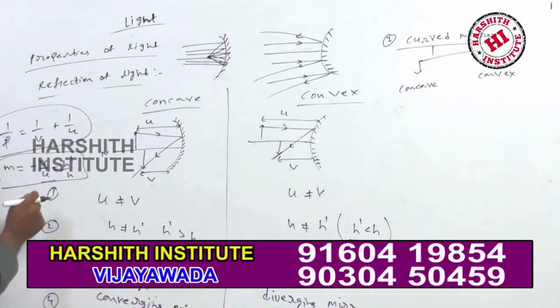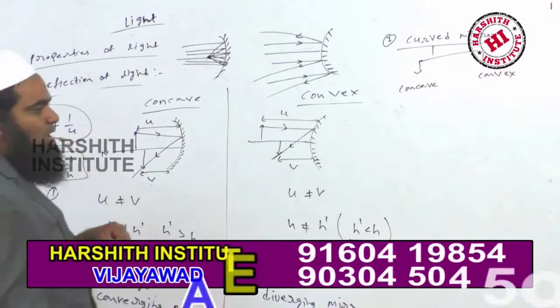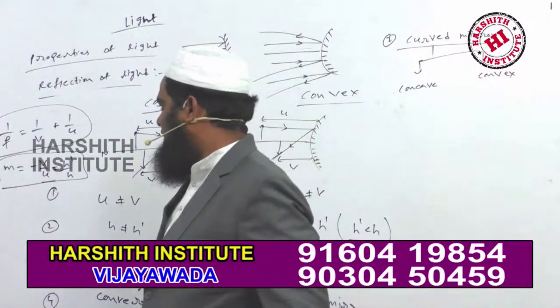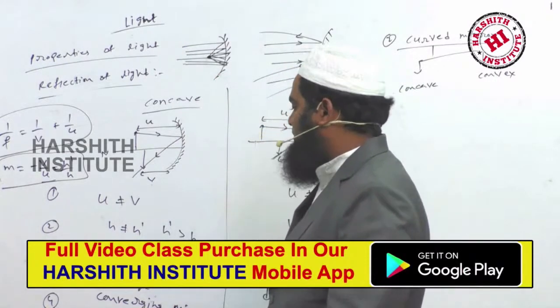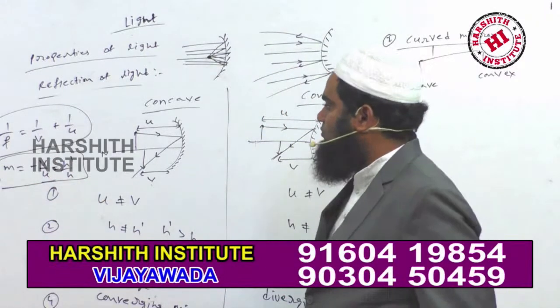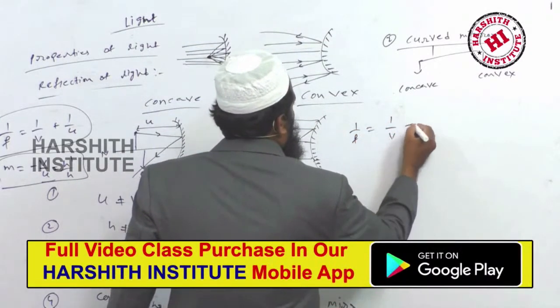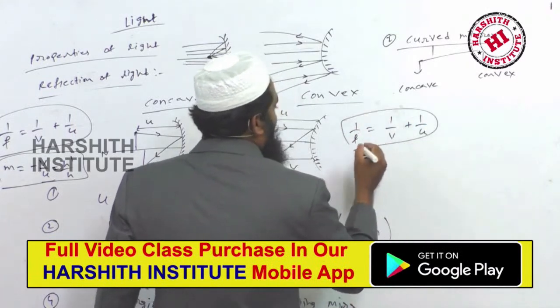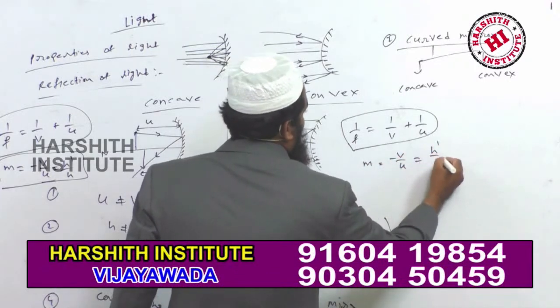Here f is the focal length, v is the image distance from the mirror, and u is the object distance from the mirror. m is the magnification. Same formula here also.